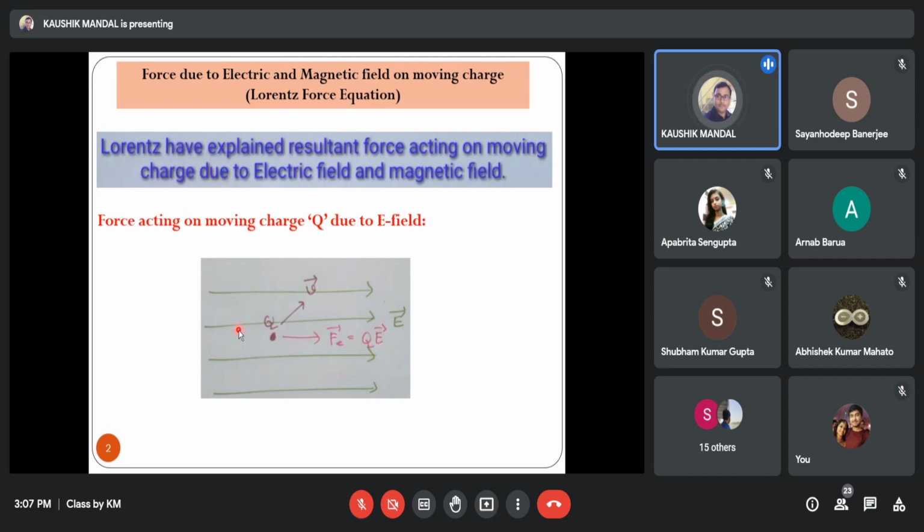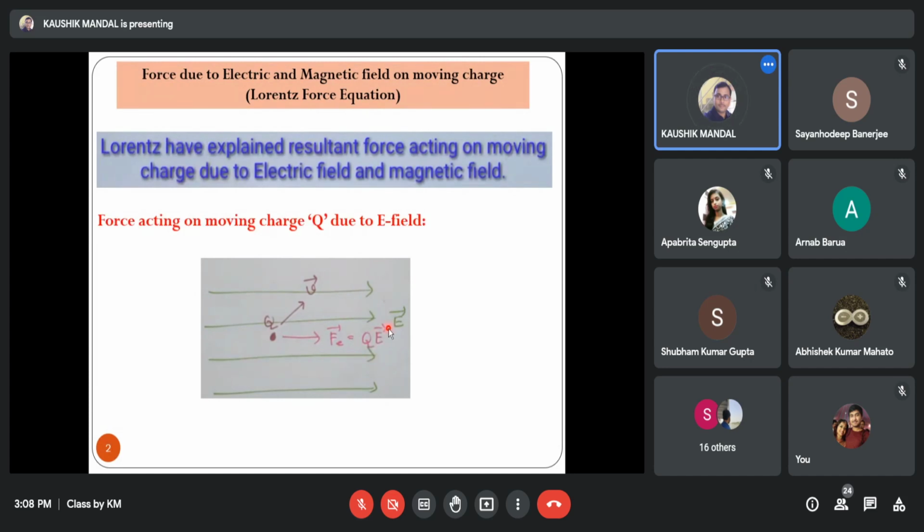So we are considering a uniform electric field along the x-axis, and under this electric field there is a moving charge q that is moving with a velocity of v. So what will be the force? The force due to the electric field, F_E, will be equal to the product of the charge and the electric field.